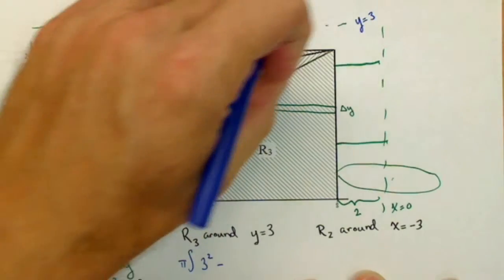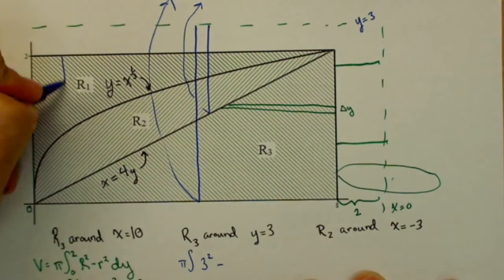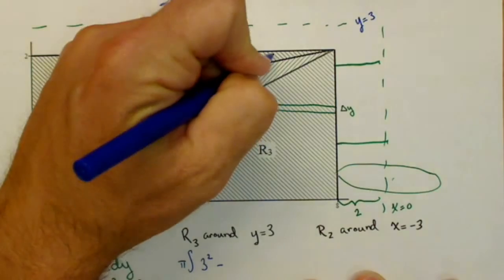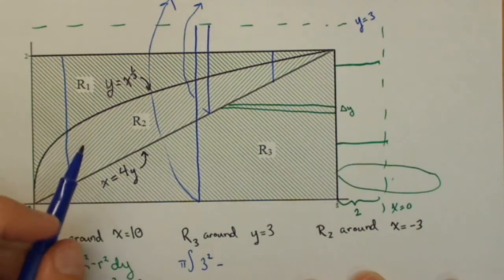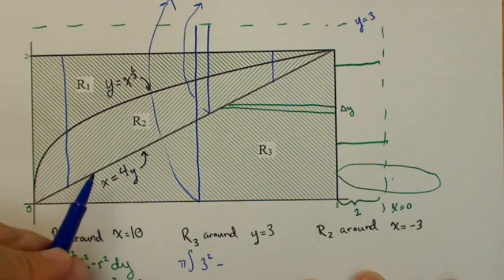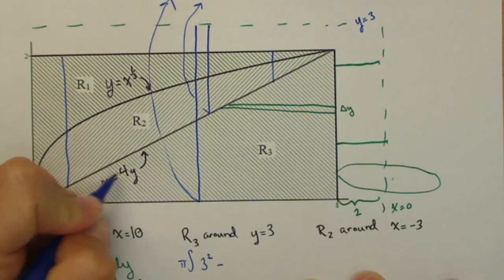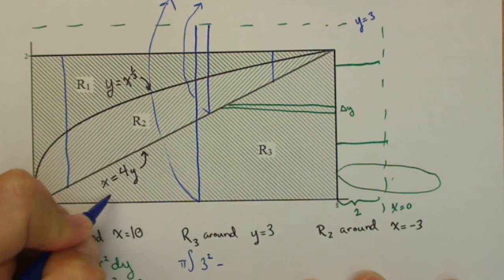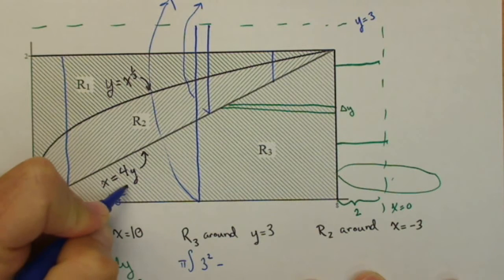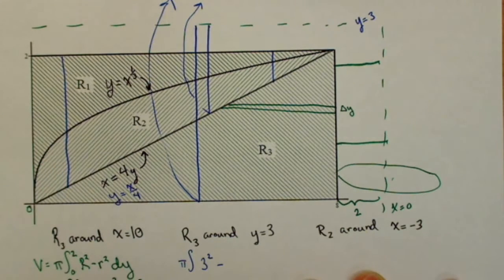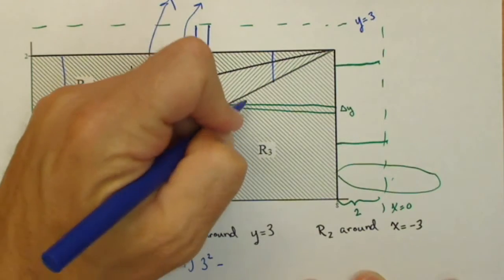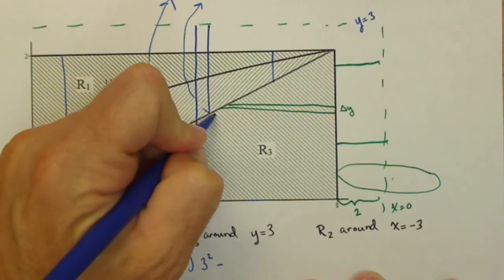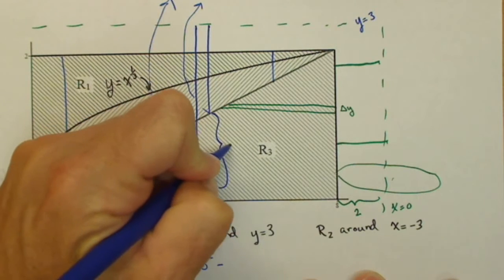But notice now, this one changes depending on where I'm at, right? If I put the radius here, it's longer. If I put it here, it's shorter. We're going around a horizontal axis, so that means our function is going to be in terms of x. So we do need to solve this for x. So y equals x over 4. So our smaller radius is not quite x over 4. X over 4 accounts for this space.